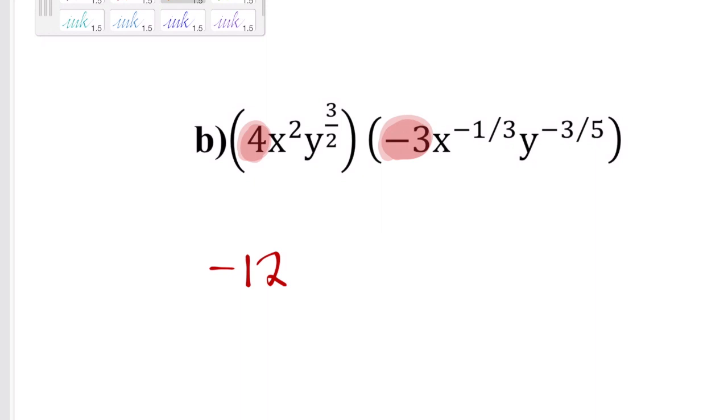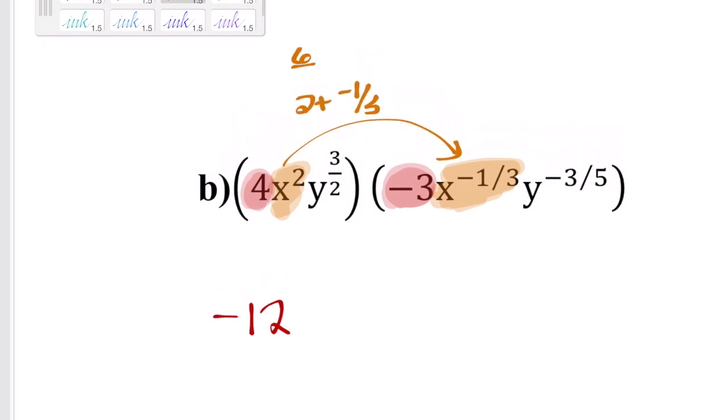And then I have my x's. Because these things are multiplying, that means I'm adding my exponents. So 2 plus -1/3. That's 6 over 3 minus 1/3, which makes it 5 over 3. So x to the 5/3.